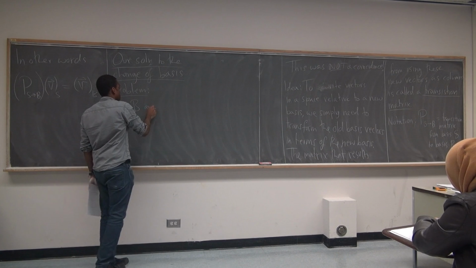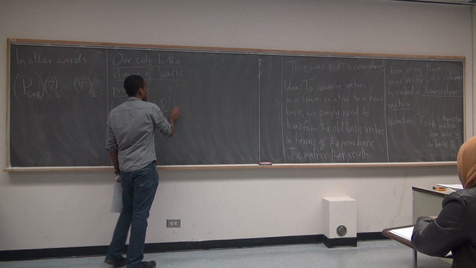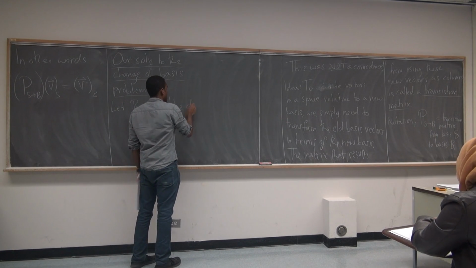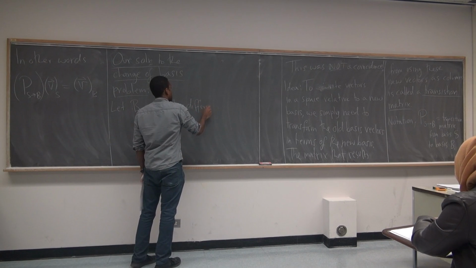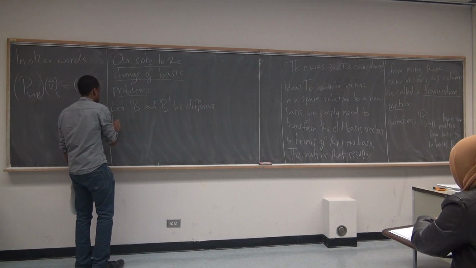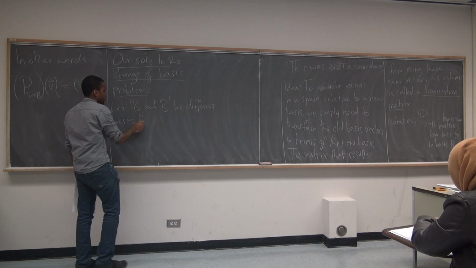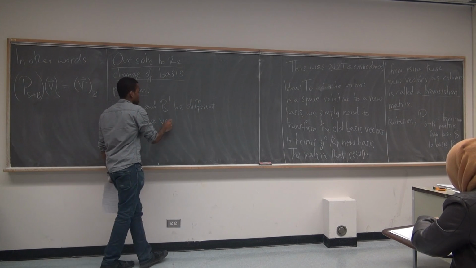Let B and B prime be different bases for a vector space.